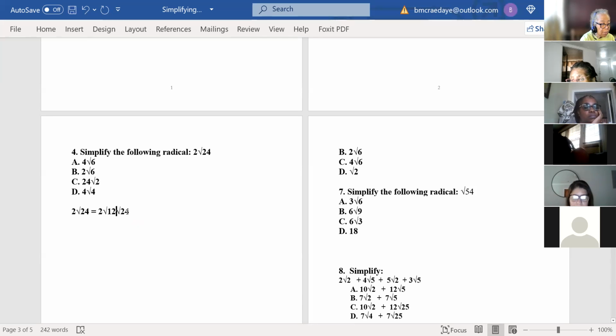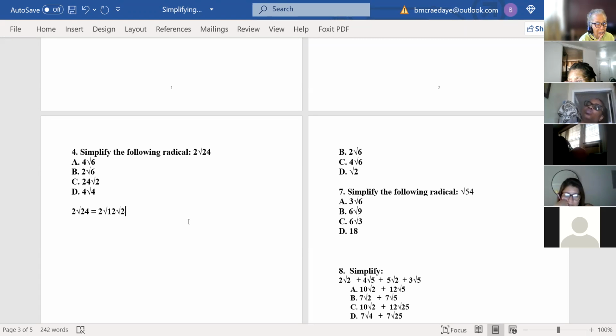Now, Alva, I have what you said. The 2 is a coefficient. It remains. And then you factor the 24 into 2 and 12, or 12 and 2. Same thing. But 12 has some factors, Alva, right? What are factors of 12?